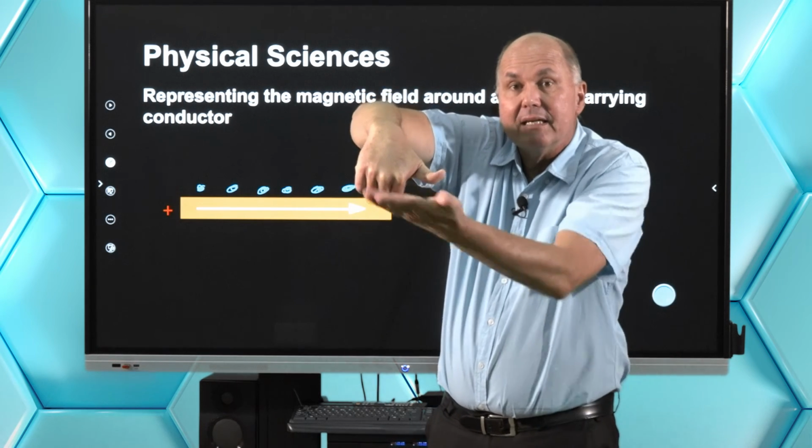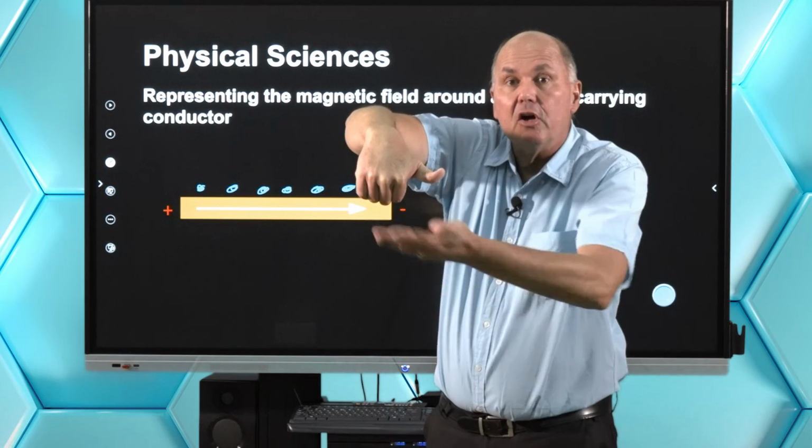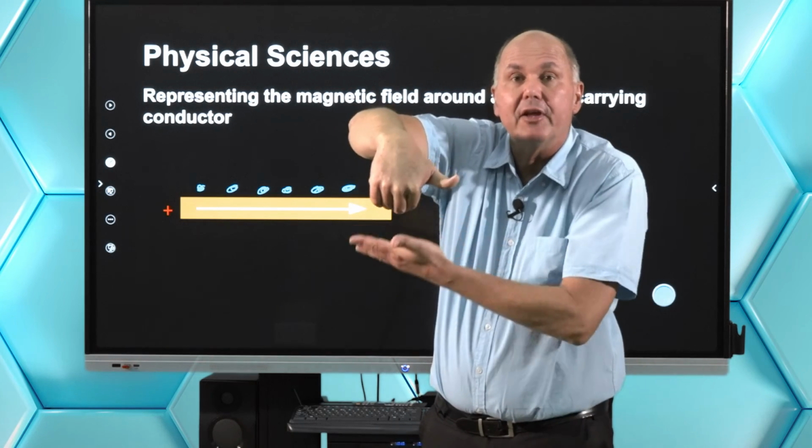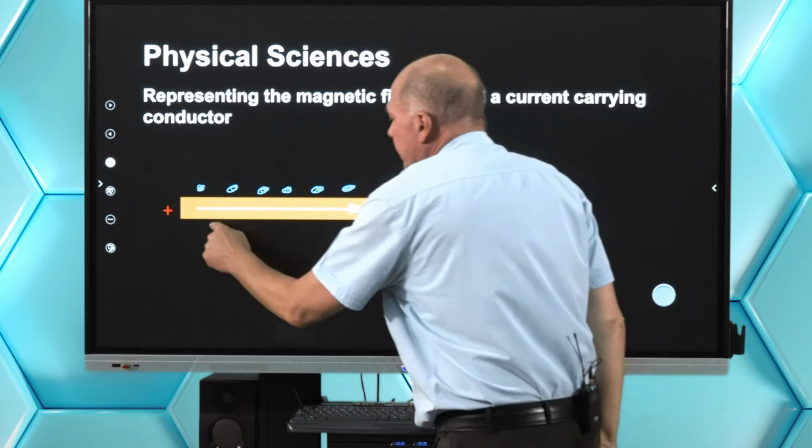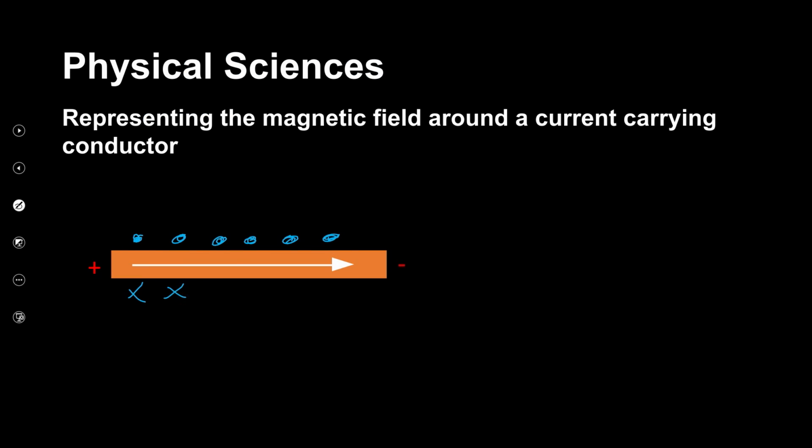Below the conductor, the fingers are no longer coming towards you. Which way are they going? They're going away from you. They're going into the plane of the board. And so we're going to show those as little crosses. And so we recognize here we've got a method of representing the direction of the magnetic field around the conductor.